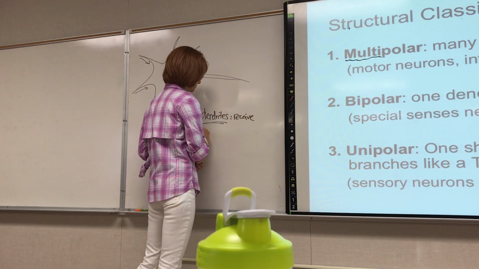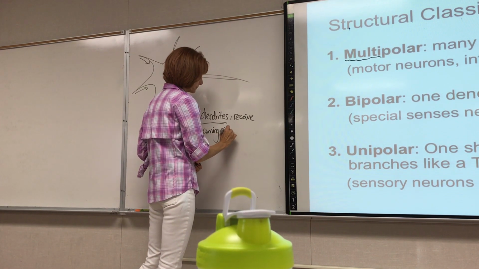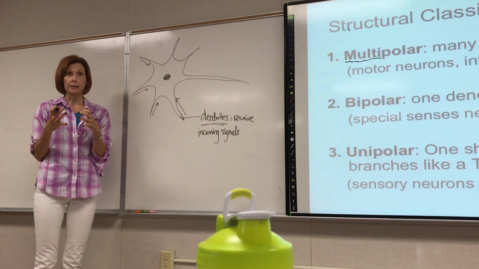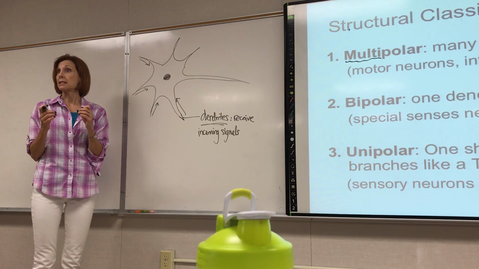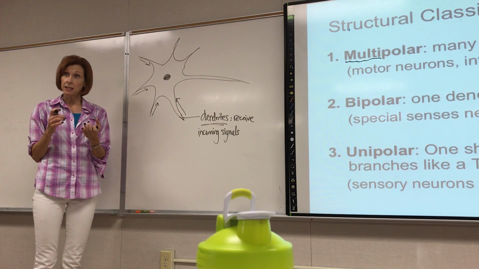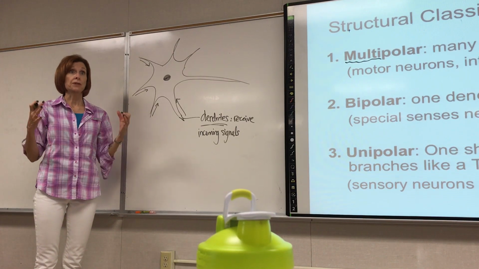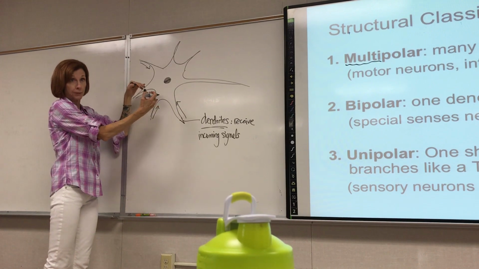Receive incoming. It is estimated that neurons in the brain each have on average about 1,000 synapses with other neurons. So there's a lot of incoming signals all the time.